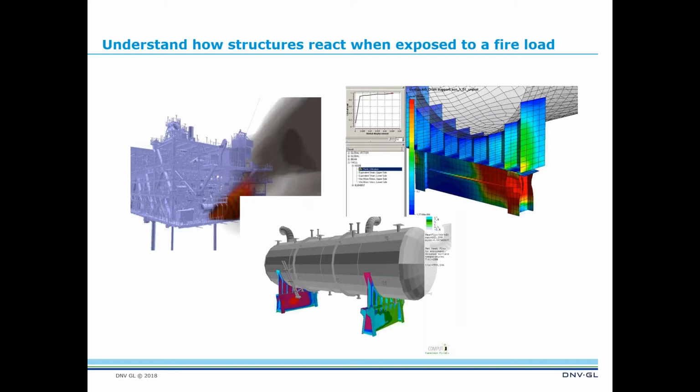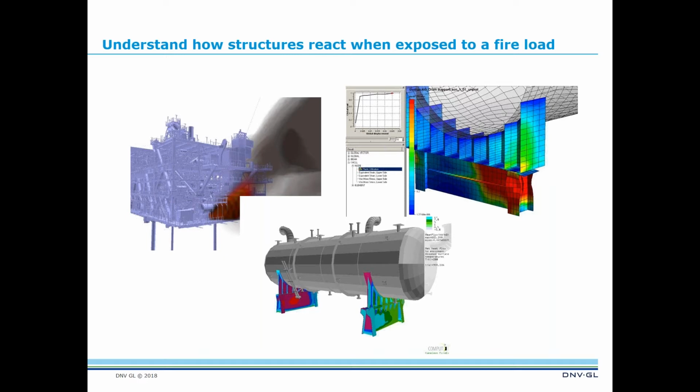Another example with a fire, now with more focus on the heat loads to structures and objects. In this situation, the heat loads from a fire simulation have been put into another tool to look at the support structure of this vessel and check the integrity of that support structure.